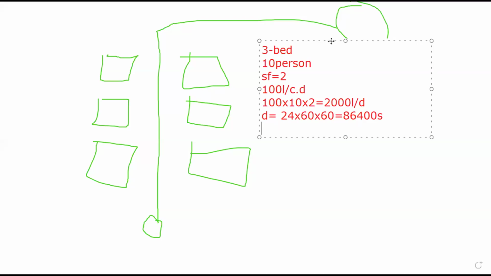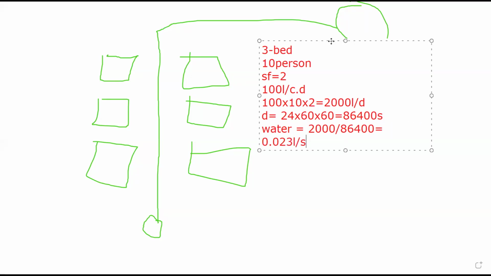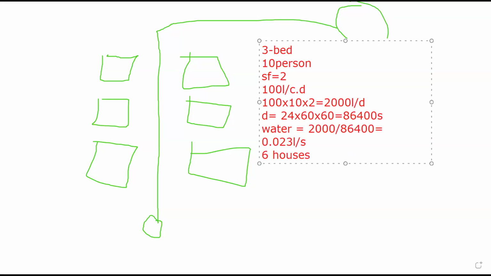Therefore, the water demand for this one house becomes 2,000 divided by 8,400, which will give you 0.023 liters per second. And because there are 6 houses, it's now going to be 0.023 times 6.